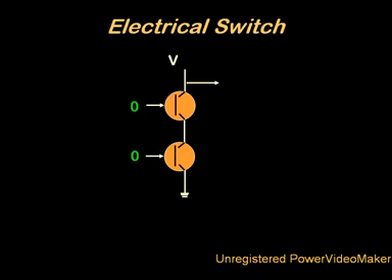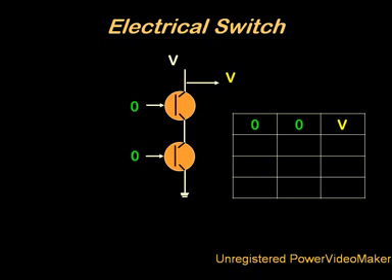Now let's string 2 of those switches together in series as shown here. If I put a 0 into both sides, no voltage, the switches stay open, and so I see a voltage at the top where I measure it. 0, 0 gives me a voltage out. If I put in voltage on the top one, I'm still going to get voltage out because it's still not connected all the way to ground.